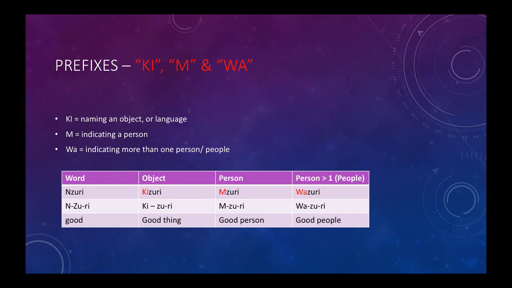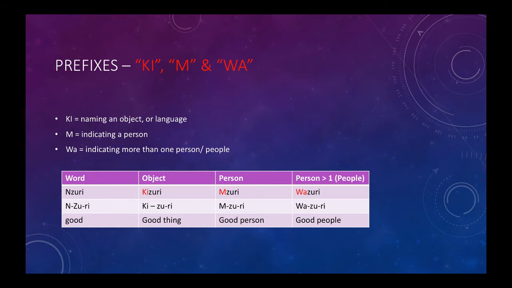Likewise, the prefix m, which sounds like the M in the word move, is to represent a person, while wa is used for a group of people. The table below represents the prefixes in their respective order.